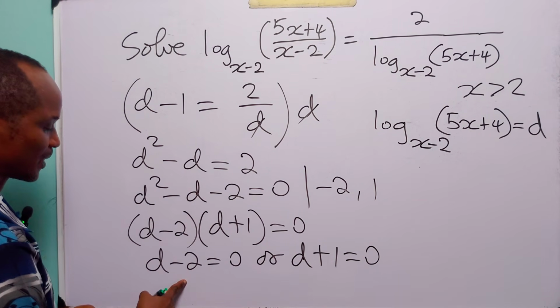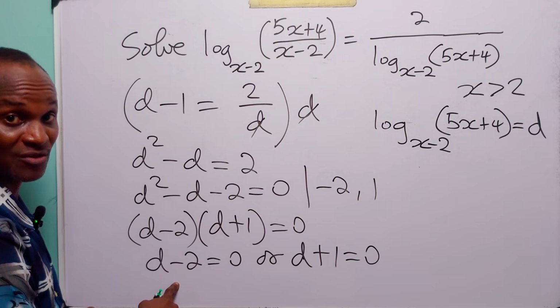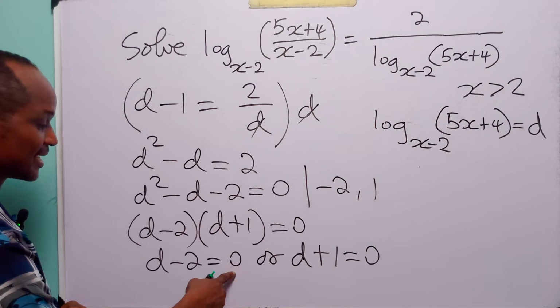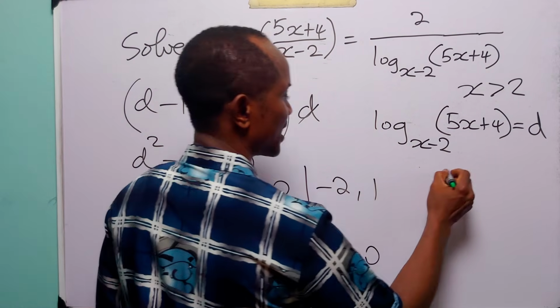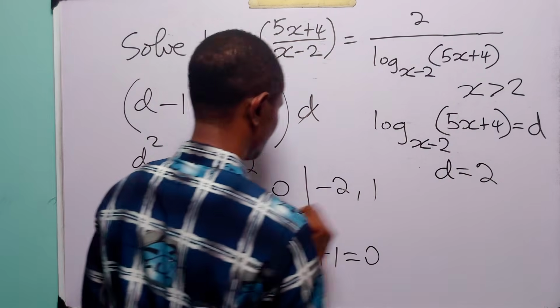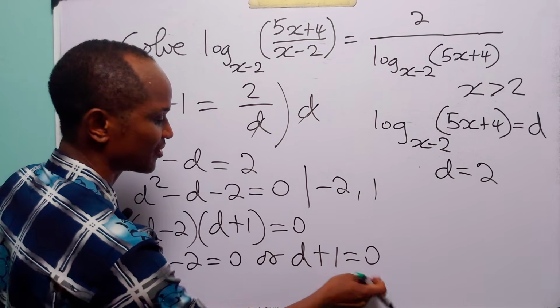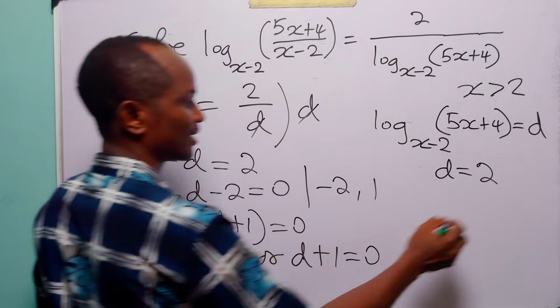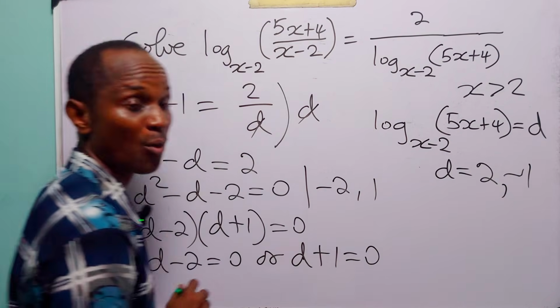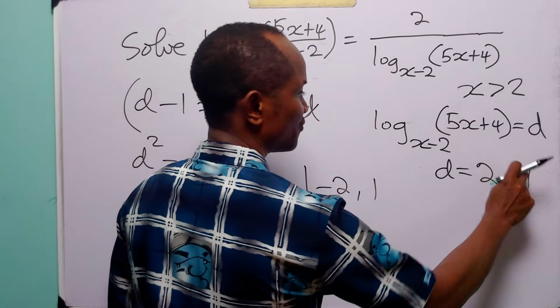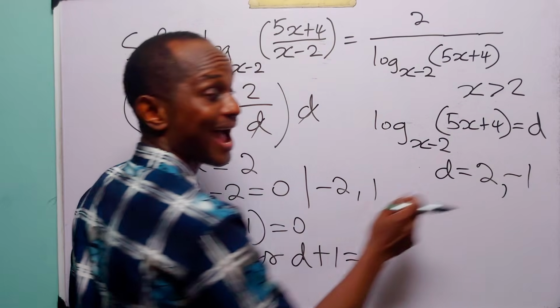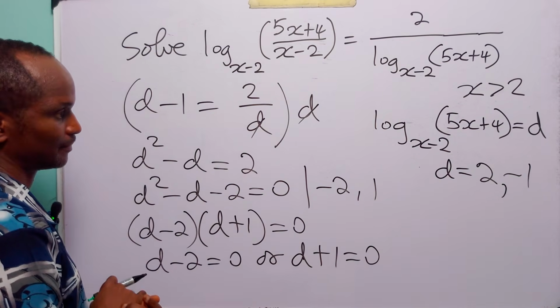Of course, from here, when we add 2 to both sides of this equation, we have that d is equal to 2. And from here, when we subtract 1 from both sides of this equation, we have that d is equal to minus 1. So now we have two values for d, 2 and minus 1.